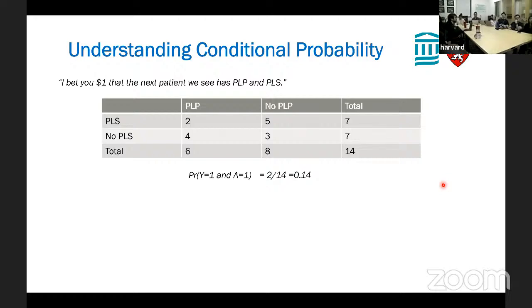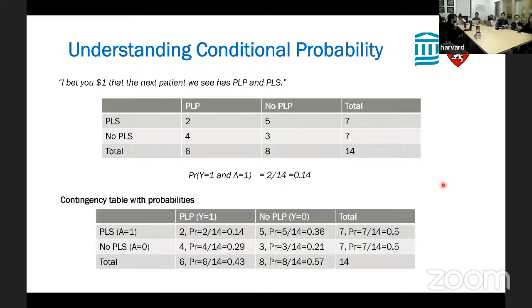So that is the example of how we could use this table to calculate probabilities according to the combination of those variables. So that's why at the end, a contingency table can be completed with probabilities of all these combinations. So let's say we have PLP, which is Y equal 1, not PLP, which is Y equals 0, and PLS, which is A equal 1, and non-PLS, which is A equals 0, right?